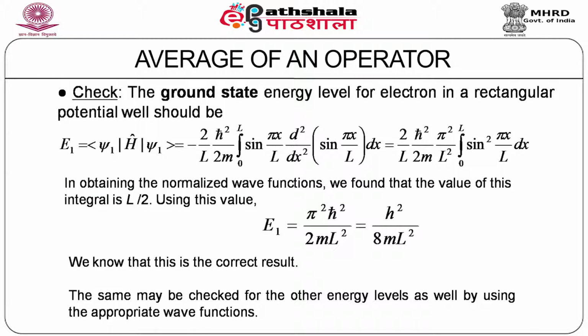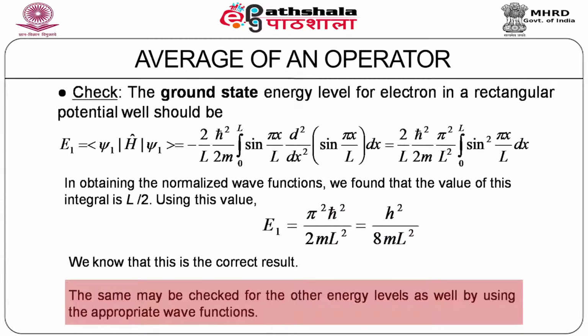If you put this integral equal to L by 2, one of the L's will cancel, and so you get E1 equal to h square by 8 m L square. We know that this is the correct result because this is obtained by putting n equal to 1 in the expression for the discrete energy levels, which we obtained earlier.